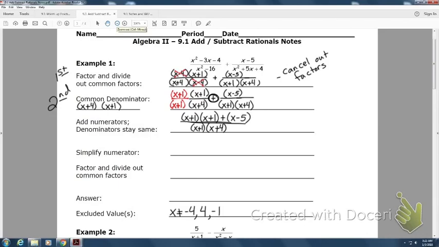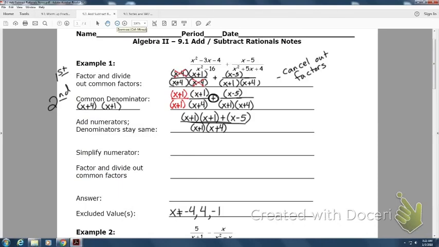Okay, so once I'm here, now I'm going to simplify the numerator because it looks pretty. I'm just going to do whatever this tells me to do. So right here, you know, kind of follow your PEMDAS. I've got multiplication here between these two factors before I have to add.